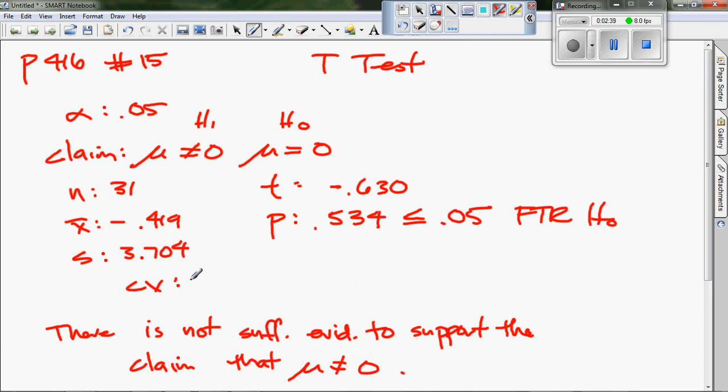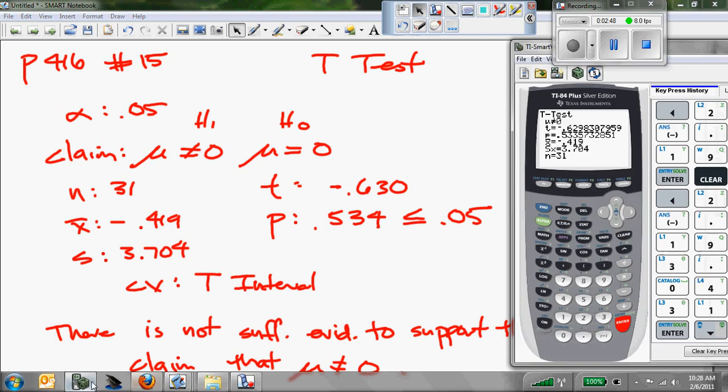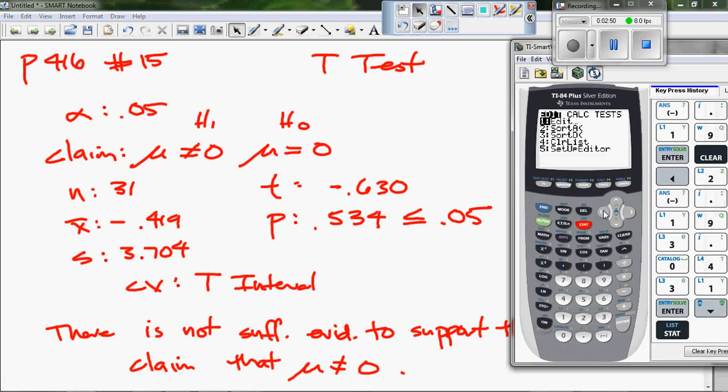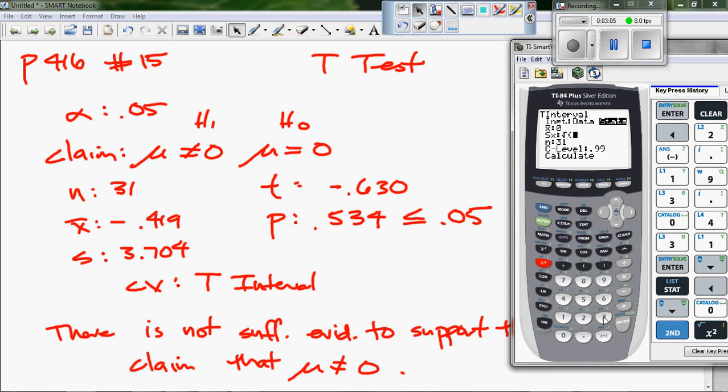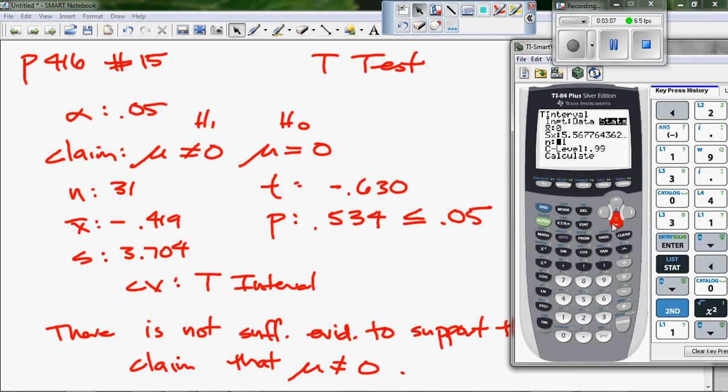Our critical value, this is a t distribution, so we're going to use t interval to find the critical value. So we press stat, test, t interval, and we're going to enter 0 for the sample mean when we're trying to find the t critical value. The sample standard deviation, the square root of the sample size. Sample size is 31, so the square root of 31.